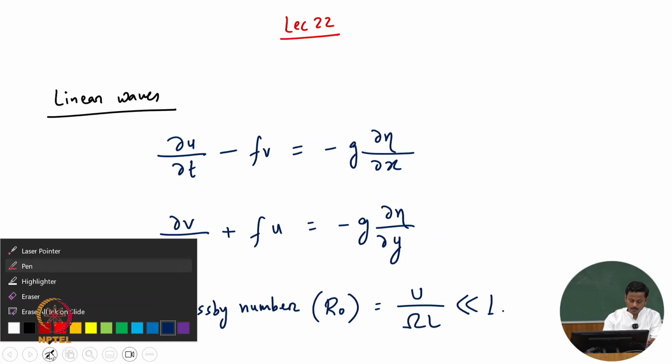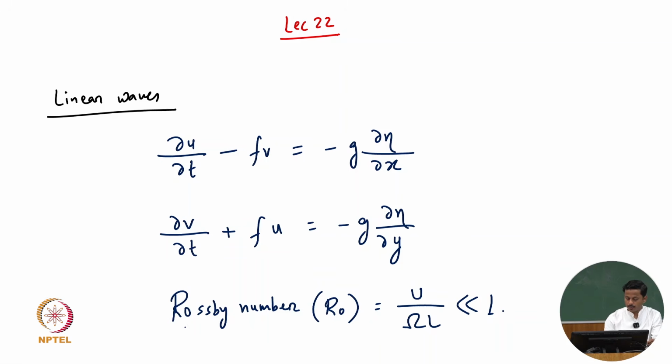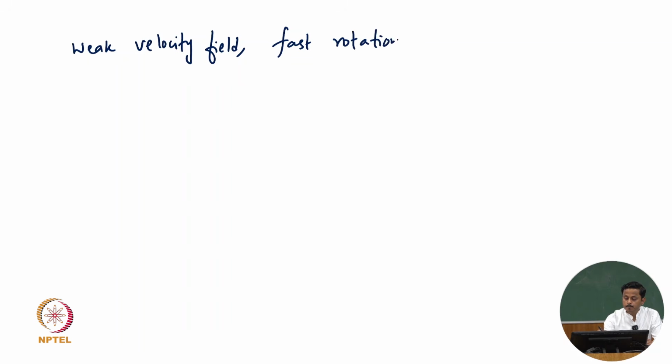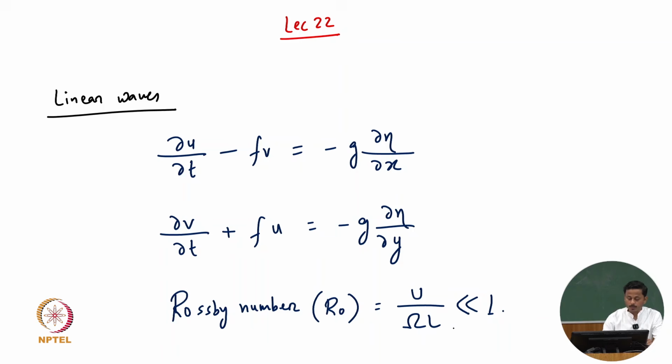So when is this achieved? This Rossby number much less than 1 is achieved for flows where we have a weak velocity field, or fast rotation, or large scales. This gives rise to the combination u by omega L being much less than 1.